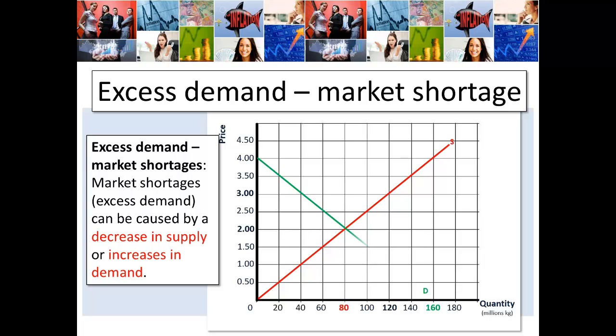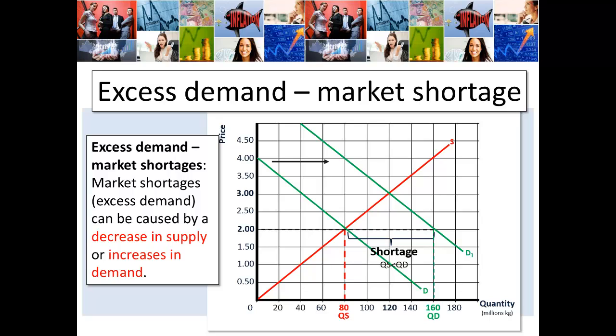Let's quickly model that. Supply and demand at the initial equilibrium: $2 equilibrium price, 80 million kgs equilibrium quantity. Consumer incomes increase the demand for this particular product. Before the price has had a chance to adjust, there is a shortage in this market.